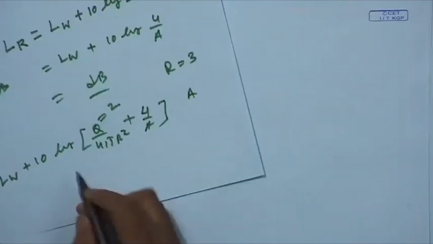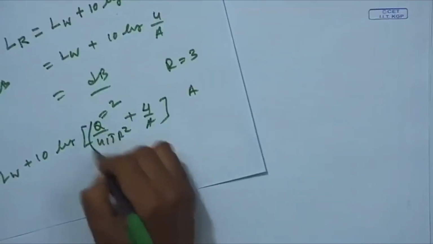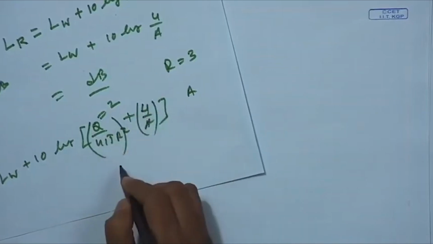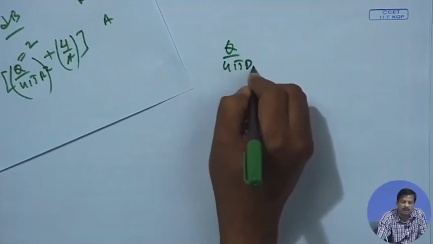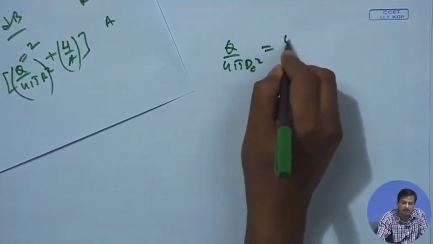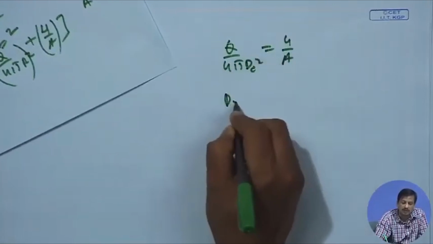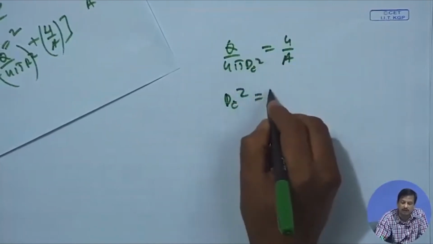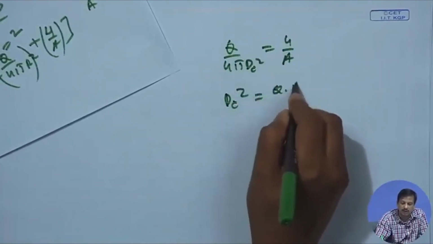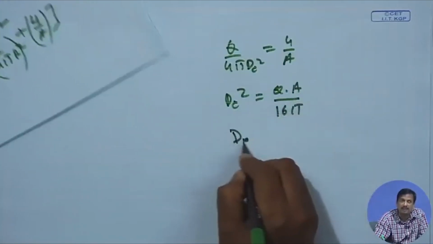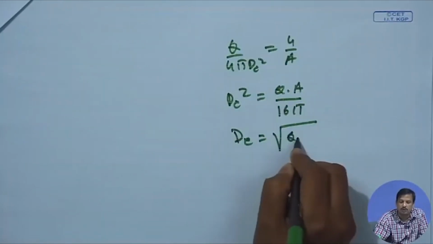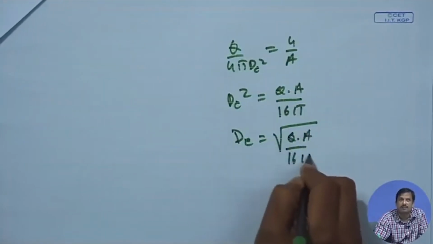Also the critical distance. What is critical distance? Critical distance is the distance where the direct sound power and reverberation sound power are the same. So, Q by 4 pi DC square is equal to 4 by A. So, DC square is Q into A by 16 pi, and DC is root over of Q into A by 16 pi.